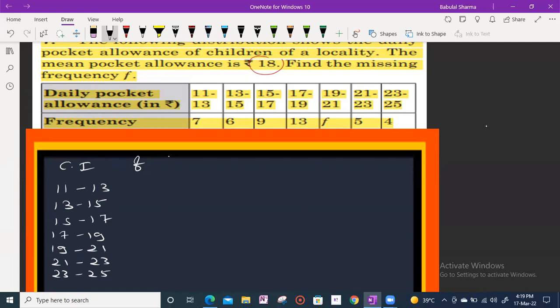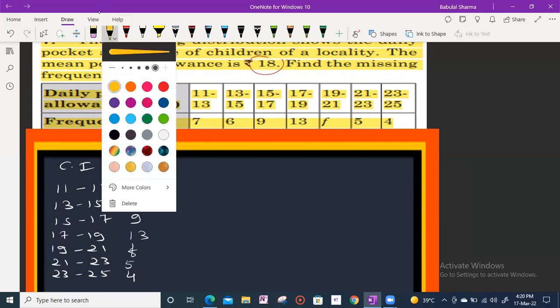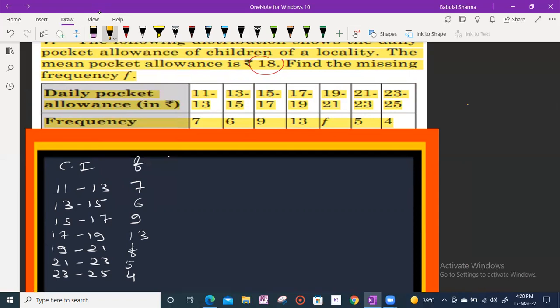Please also do this question. Its frequencies are 7, 6, 9, 13, f, 5, 4.